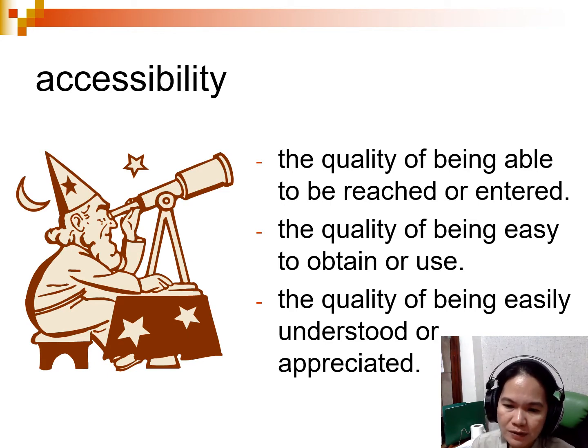How are we going to obtain the information and how are we going to use it? And then it says the quality of being easily understood or appreciated. Is it easily understood? Is it easily appreciated? So that is accessibility when we talk about various sources of information. Can we easily access the information? Is the information effective?